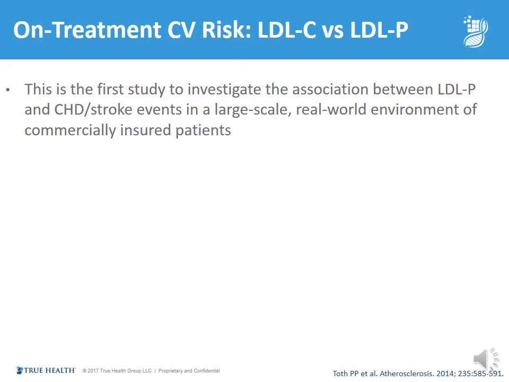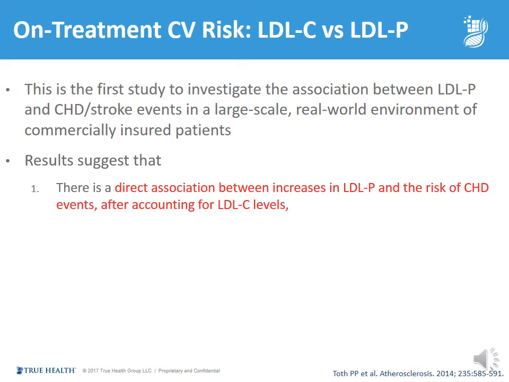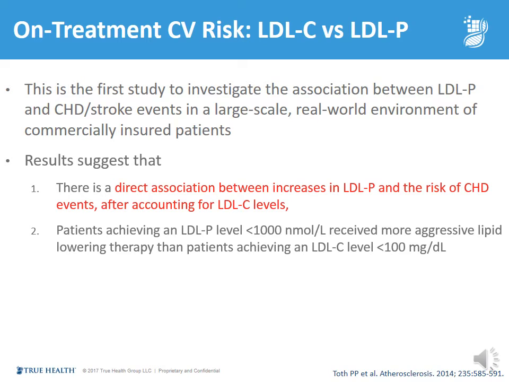This is the first study to investigate the association between LDL particle count and cardiovascular disease events in a large, real-world environment of commercially insured patients. The results certainly suggest that there is a direct association between increases in LDL particle count and the risk of coronary heart disease after accounting for LDL cholesterol levels, that patients achieving an LDL particle level less than 1,000 nanomoles per liter received more aggressive lipid-lowering therapy than the patients who had achieved an LDL cholesterol less than the same 20th percentile cut point, 100 milligrams per deciliter.